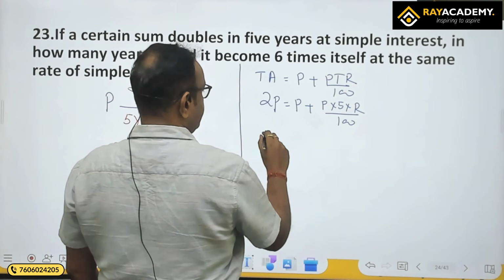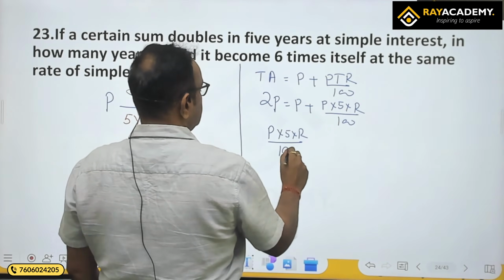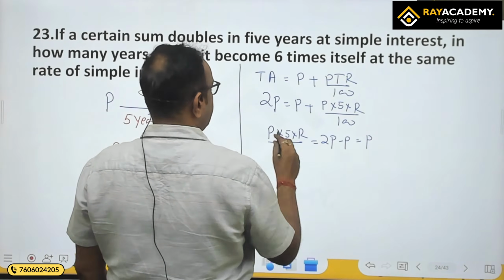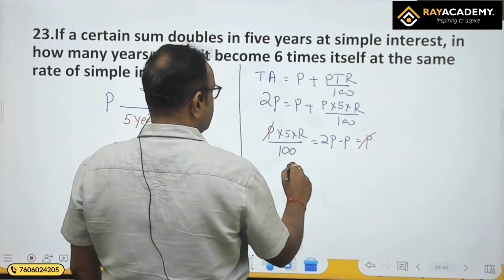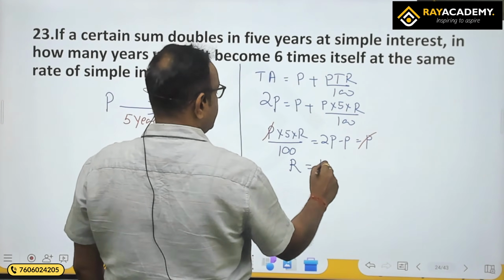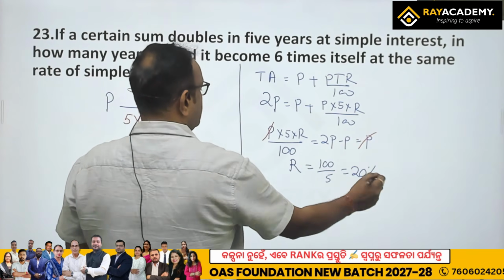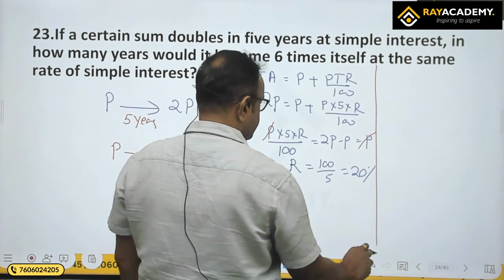So P into 5 into R by 100 equals 2P minus P, that is P. P gets cancelled, so R is 100 by 5, that is 20%.